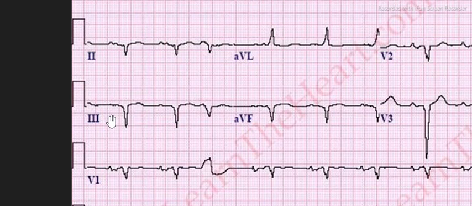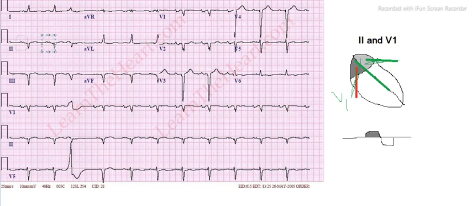Another thing you need to look at is lead V1. In lead V1 you can see that the negative deflection will be greater in magnitude. Let me show you in a smaller diagram. This is your V1, so again let me circle here. In V1, the P wave negative deflection will be greater in magnitude.